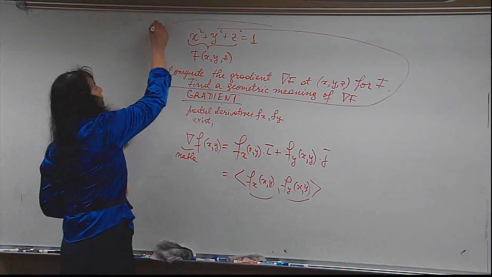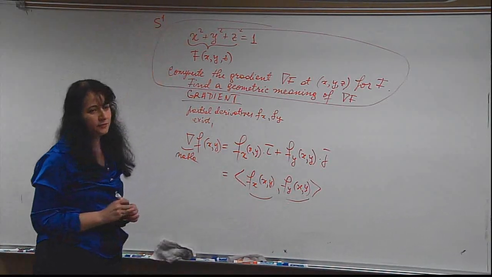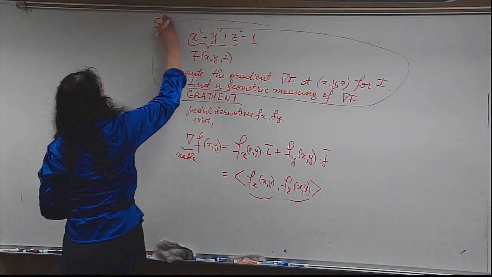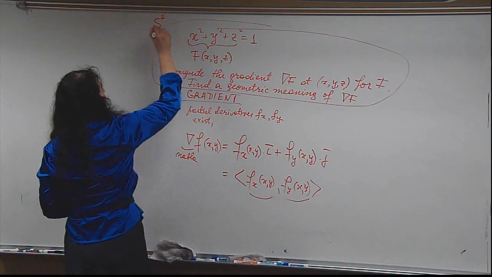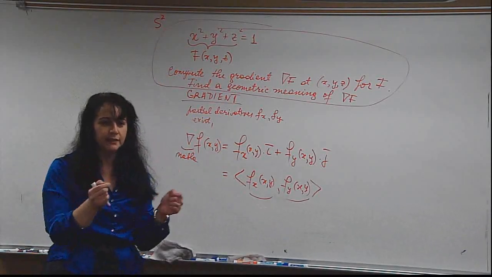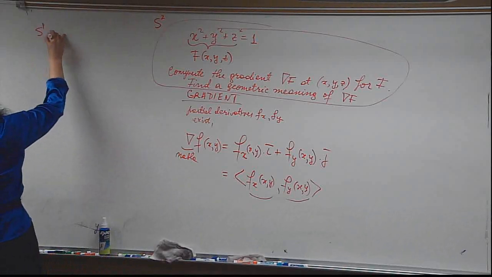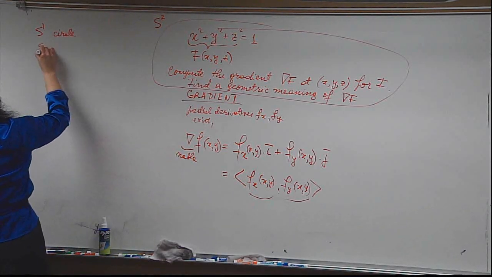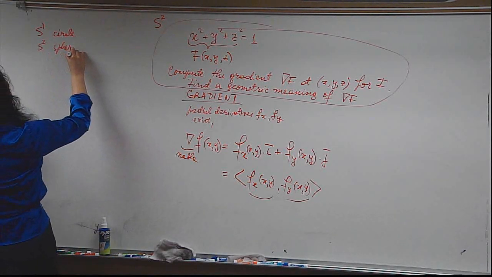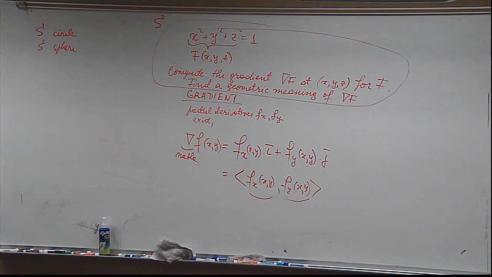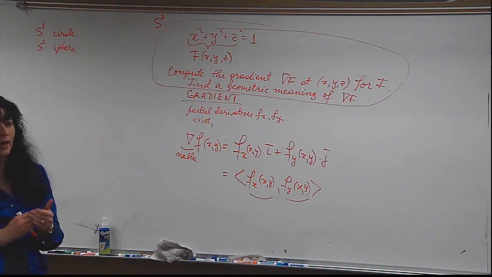You don't know, but I'll tell you. S1 is the sphere. S2, I'm sorry. The sphere of dimension 2, which means the surface. S1 is a circle. S2 is a sphere. So what is this number here for a mathematician? That's the dimension of that kind of manifold.